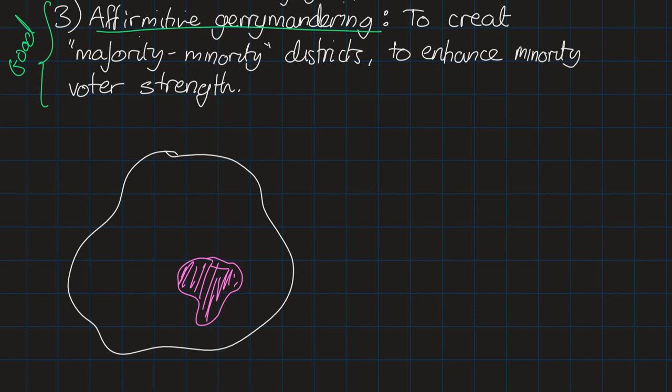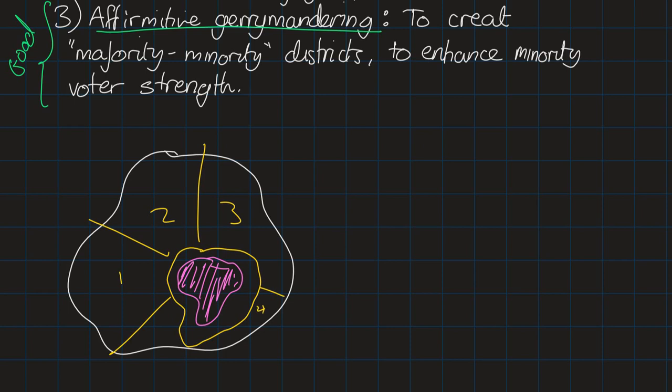So what they could do is, when it comes to dividing up the state, divide up the state like this. Okay? And if it's divided up like this, so there's 1, 2, 3, 4, 5, then the 5th district would be very representative for the pink people, whoever the pink people are. Okay? This is the idea of affirmative gerrymandering.